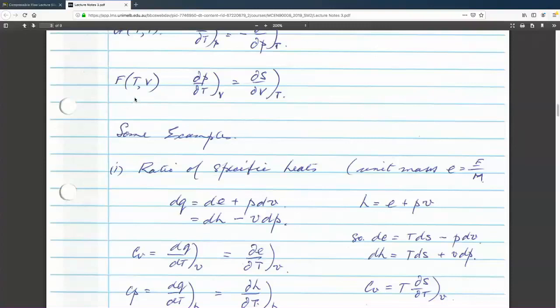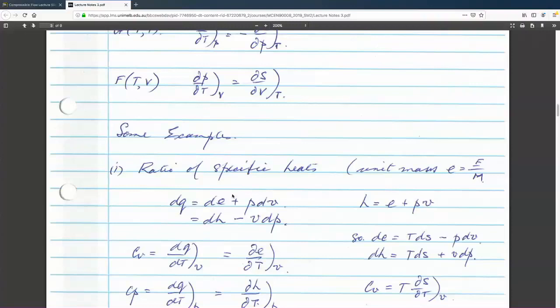Right. So now, what is the specific heat? There are two ways to define the specific heat. There's more than two, but there are two that are commonly used. One of them is that if I add an amount of heat, dq, and I change the temperature, dT, and I do all of that at fixed volume, then I get what is called the specific heat at constant volume, CV.